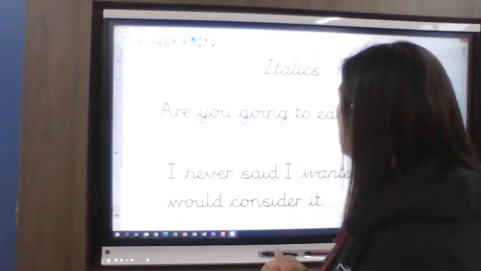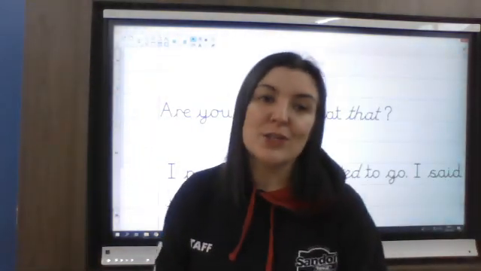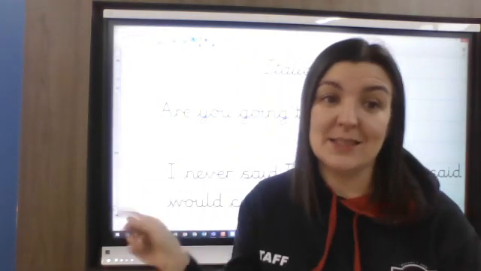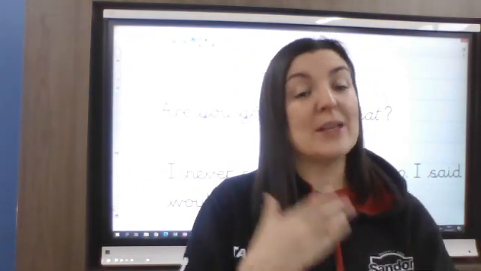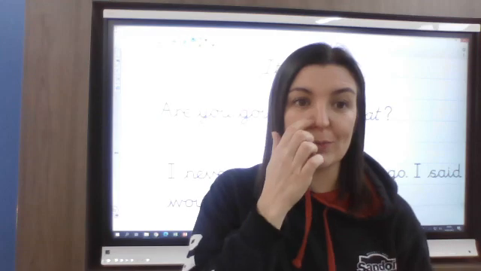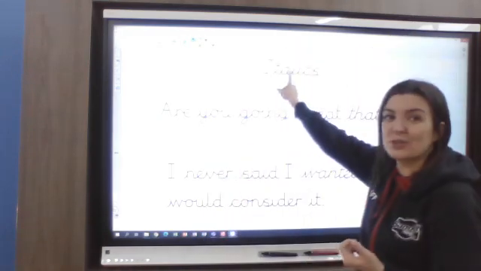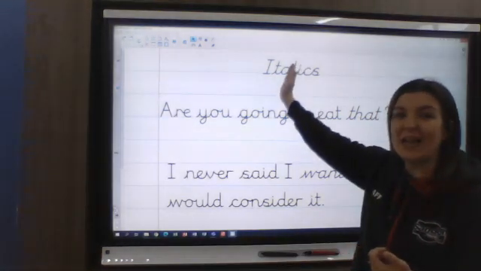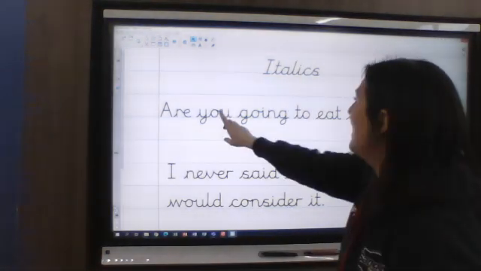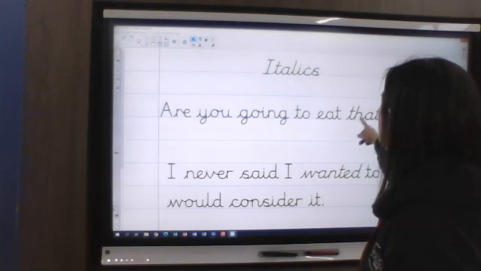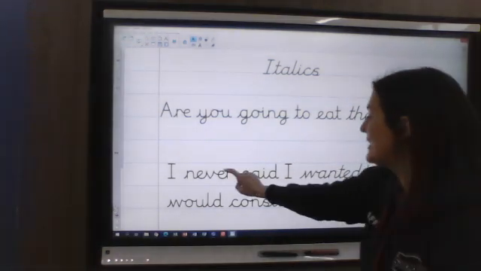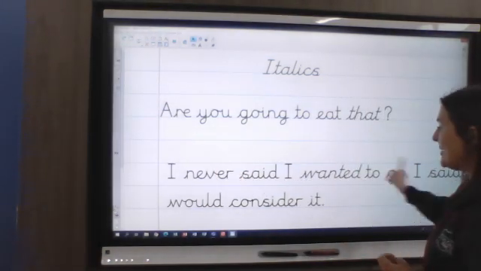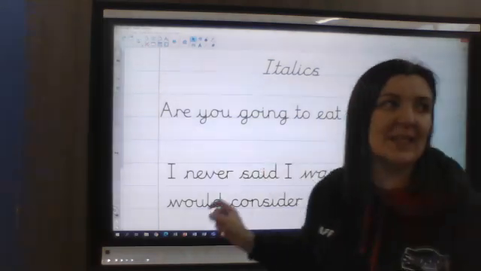The other thing that I want to discuss with you is italics. It talks to you about italics in one of these questions when it talks about why the author has done something. Now, italics, as you'll see from my title, is where the words have been made to go in a slant. So here I've got a couple of examples. Are you going to eat that? That is in italics. I never said that I wanted to go. I said I would consider it. Wanted is in italics.